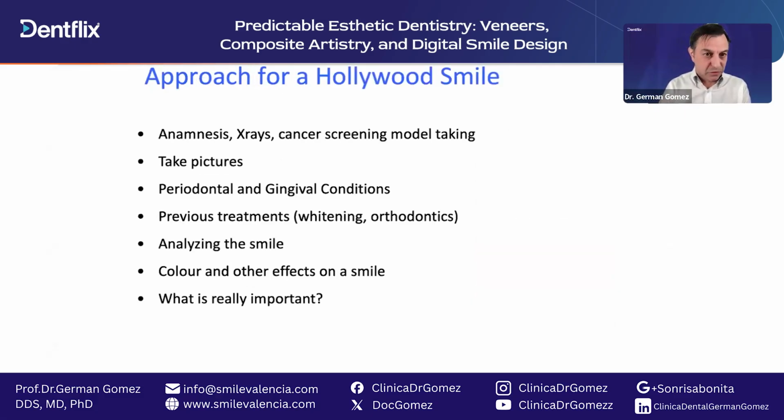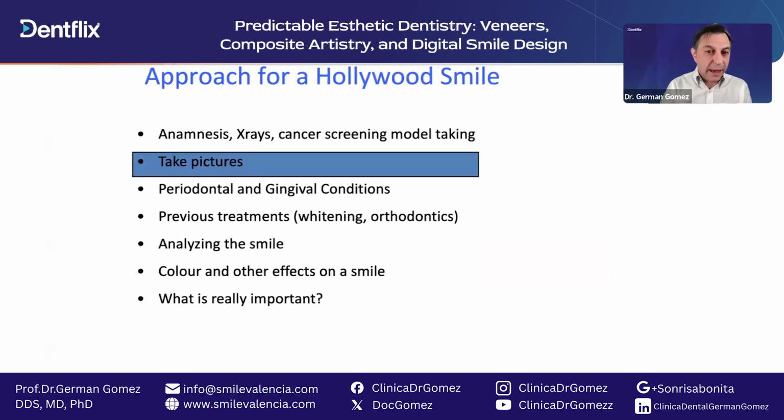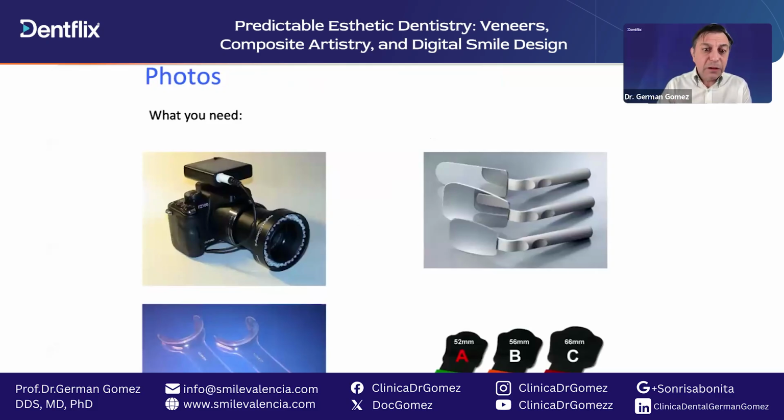Then we have to take pictures. Pictures will give us, A, the state of the beginning, B, a source of discussing with the patient what can be done and what his desire is, getting information from the patient about his desire, and also giving him some hints of what could be made better. Now, these pictures have to be taken very professionally.